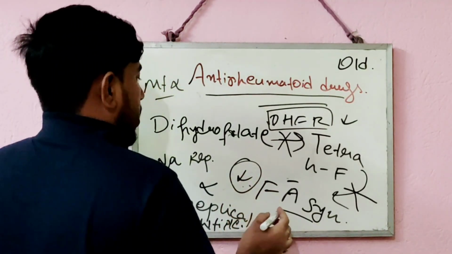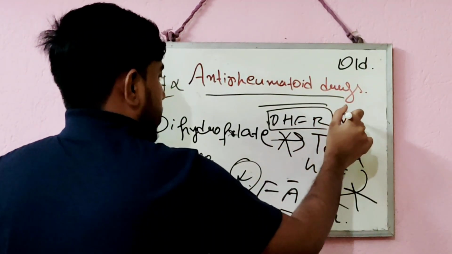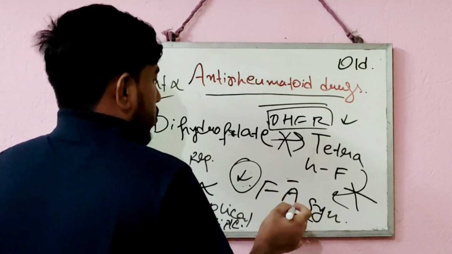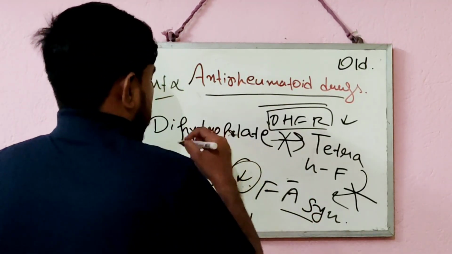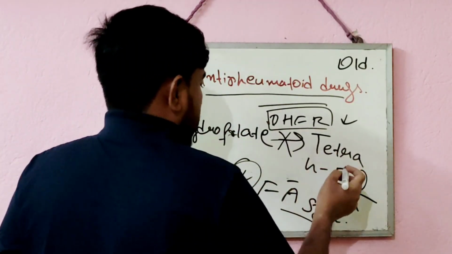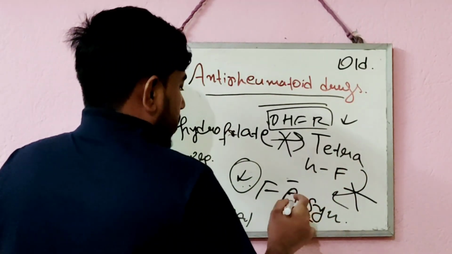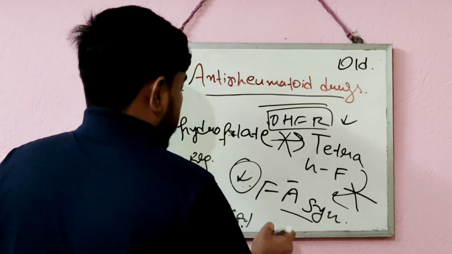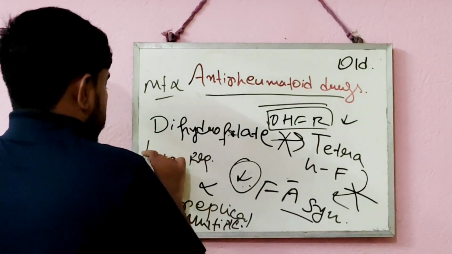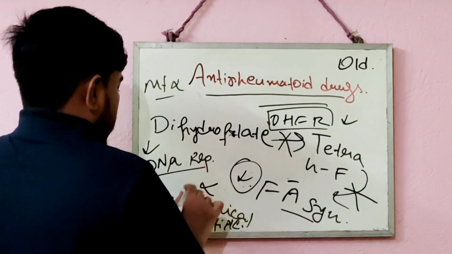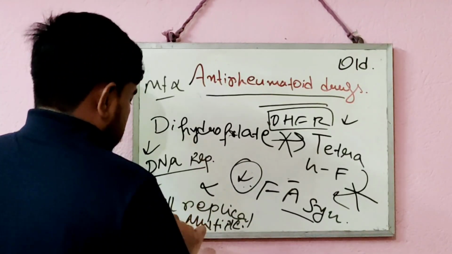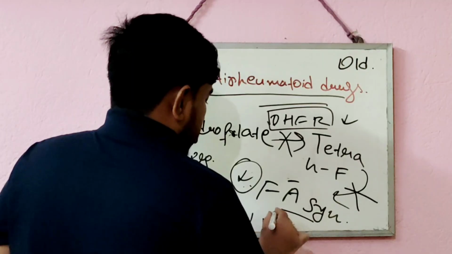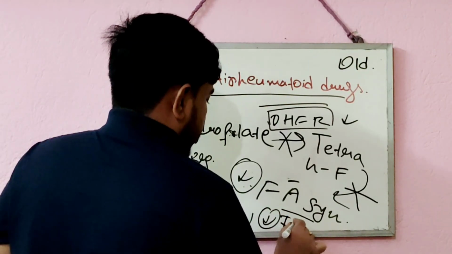Why will it reduce highly? Because dihydrofolate reductase inhibition will fully stop the conversion from dihydrofolate to tetrahydrofolate, leading to no or less production of folic acid, and so to inhibition of DNA replication and cell replication. So it will lead to the treatment of inflammation.